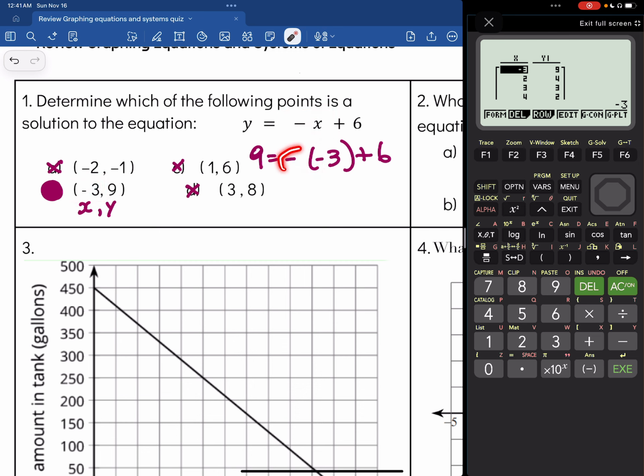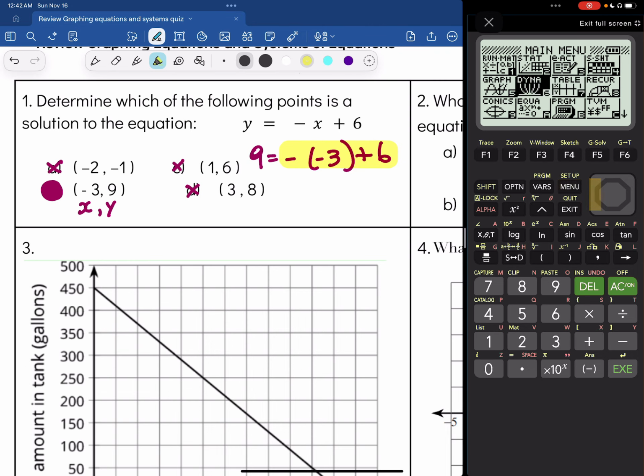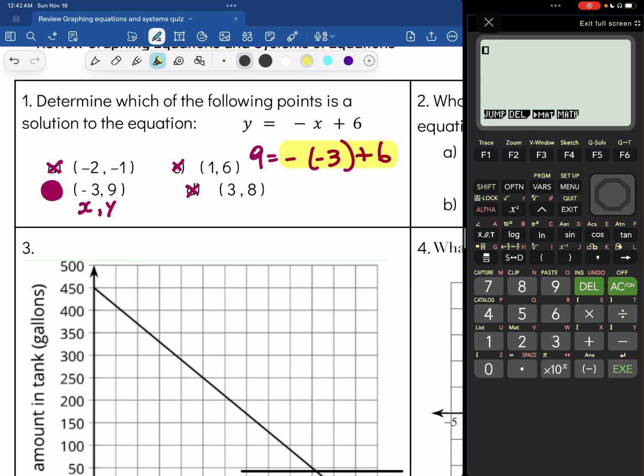That is where I'm getting this negative negative from, right here, because there's a negative in the equation and the value that I'm substituting is also negative. Let's simplify that. You can put that entire expression in the calculator and simplify it if you're not sure about the double negative signs.